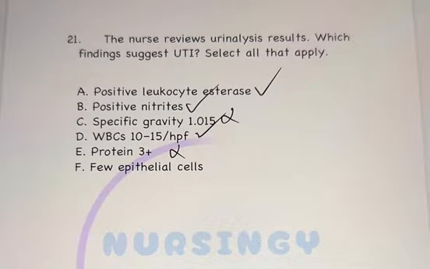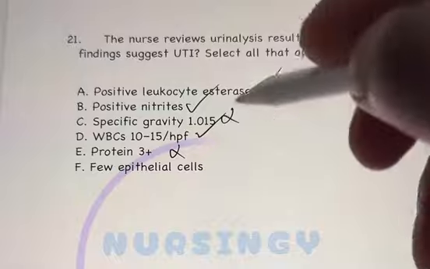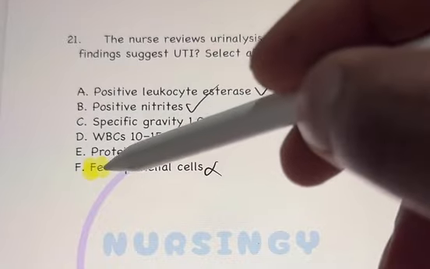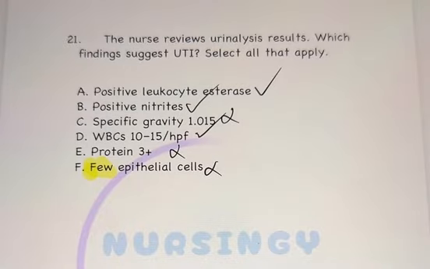That's the keyword. Few is normal, nothing wrong. It can come from skin also, so the keyword here is few. Anything few, anything mild is normal, okay? It's not concerning.